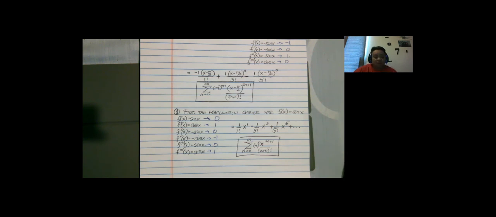Okay. All right, and so I don't want to go through having to do this for all, or at least most of our functions. So I want to write down some commonly used Maclaurin series. Let me flip this over, because I want to make a table. So these are common results of Maclaurin series.